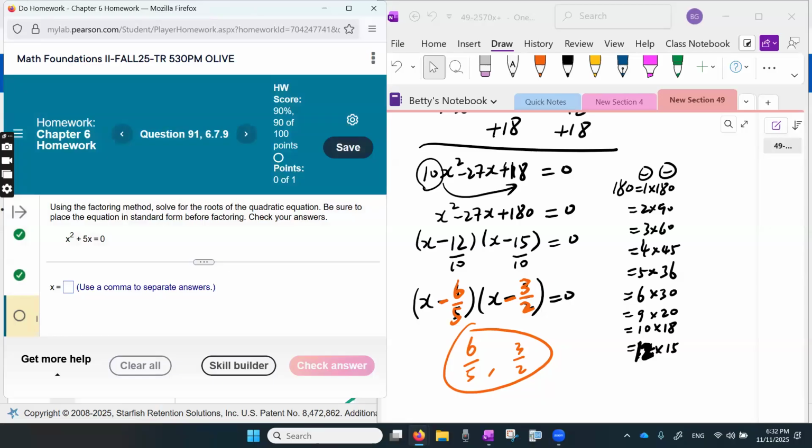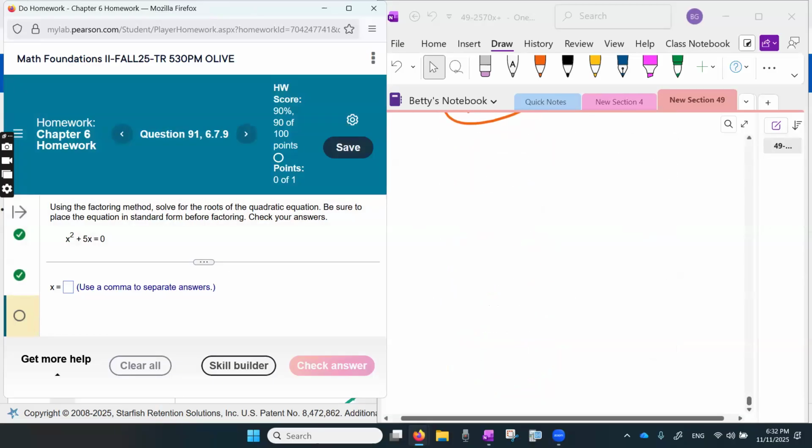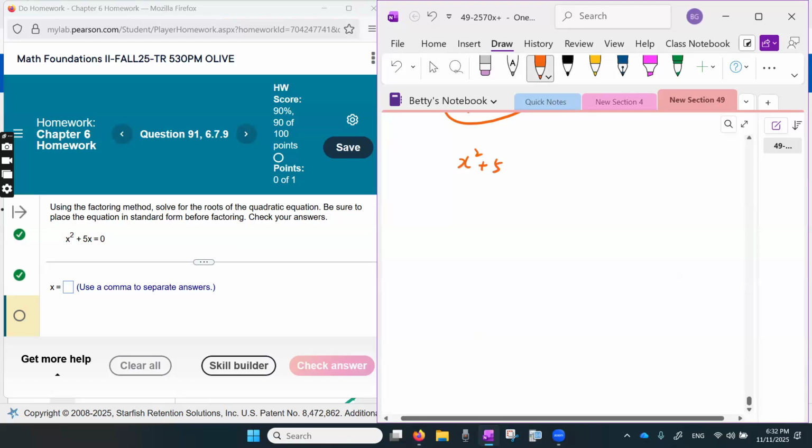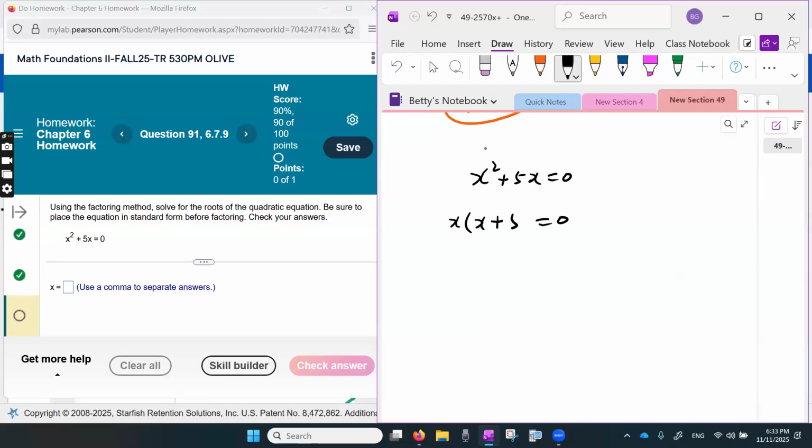Okay, all right. We have x squared plus 5x equals 0. Left side is a binomial, which is fine. Just know we are solving by factoring. Factor x out, we have x times x plus 5.